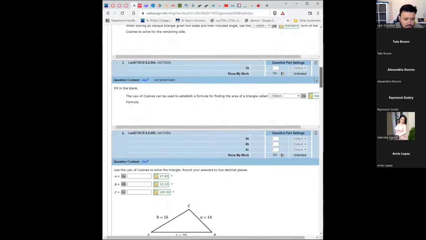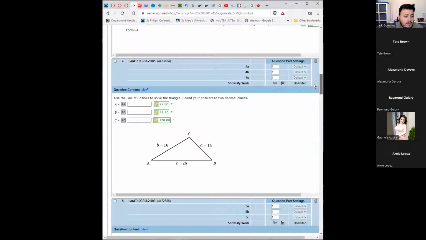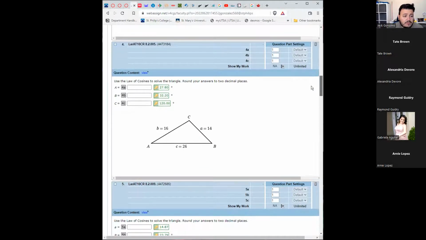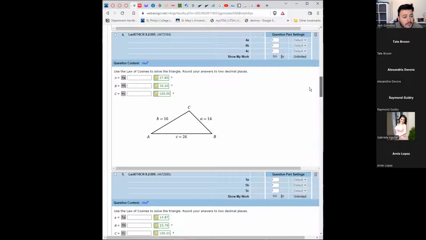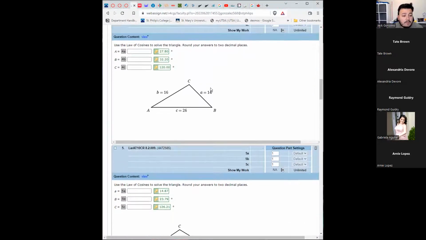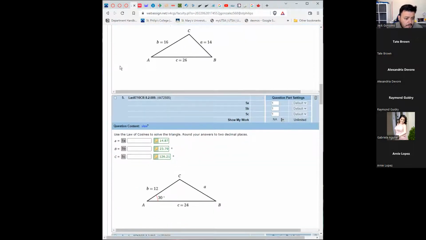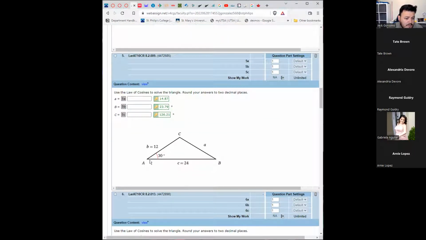It starts out with formula questions. Number 4 is basically example 2 that we just did. Exactly the same. So we had no angles. You will find 2 angles, subtract from 180, find the third angle. Over here, you have an angle, but no opposite side. You have adjacent sides instead. So you cannot use law of sine. They force you to do cosine, but that's what the section's about.